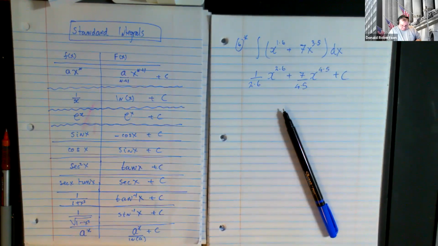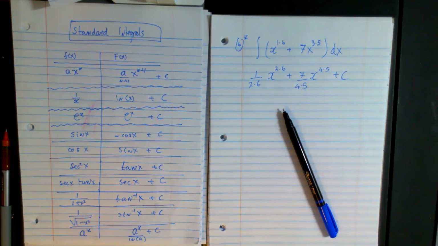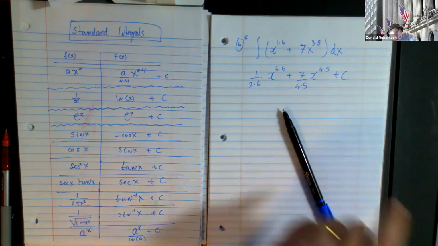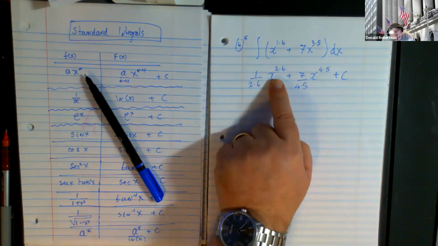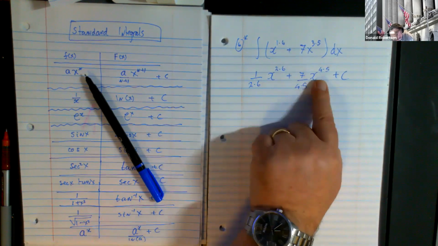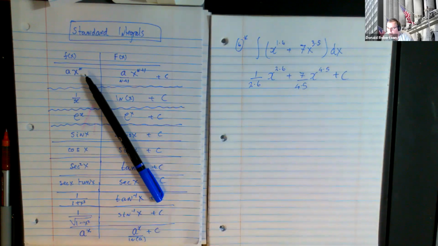Now we need to do style points, right? Make things look better. There's one rule that says the answer should look like the original. So see these 2 ugly powers? They are totally okay. Don't do anything to them. Leave them alone.